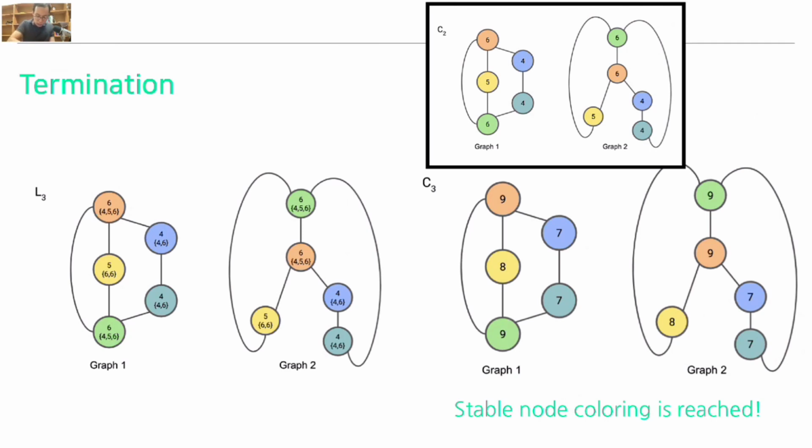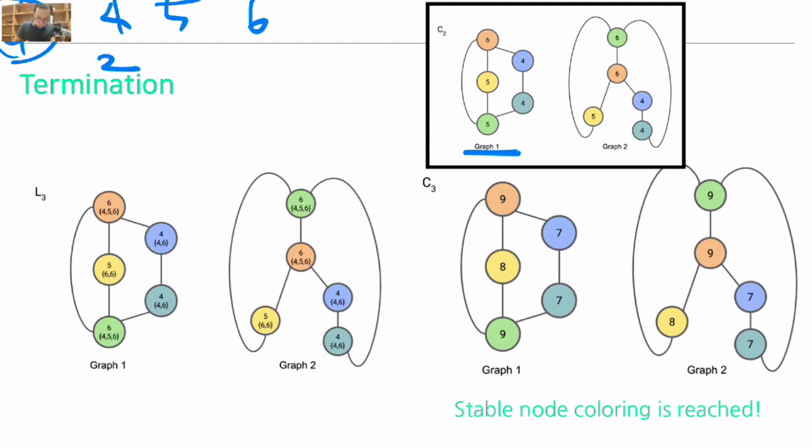One of the implementations could be: from C2 we now have 4, 5, 6 used for G1, right? G1 means graph 1. So how many 4s are here?